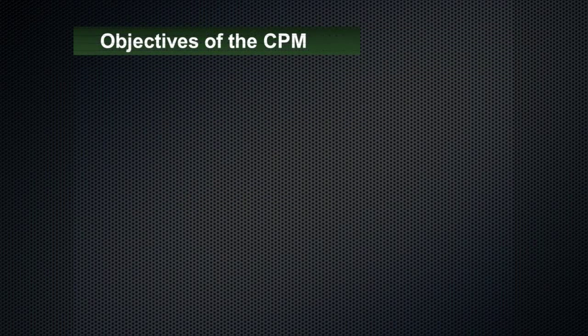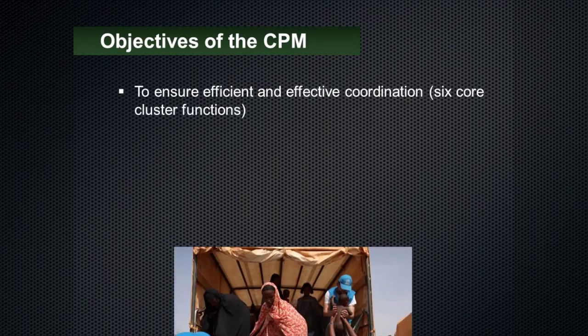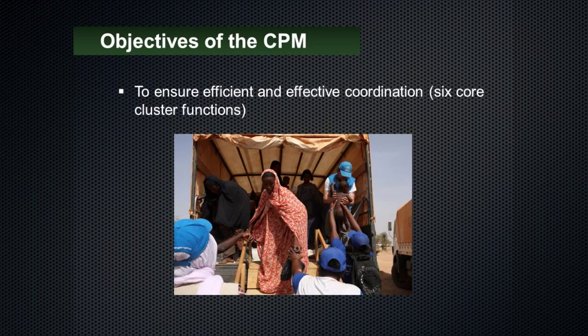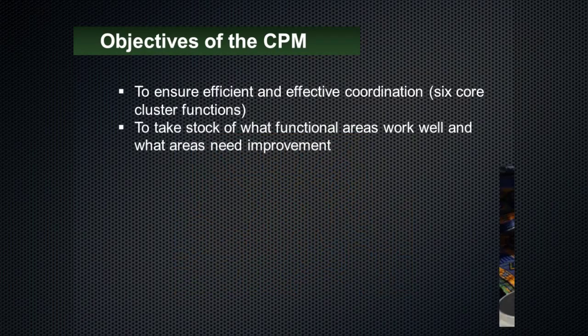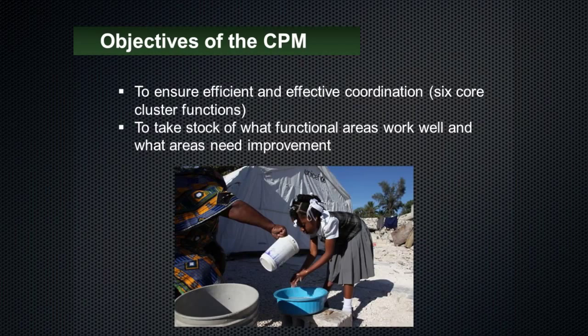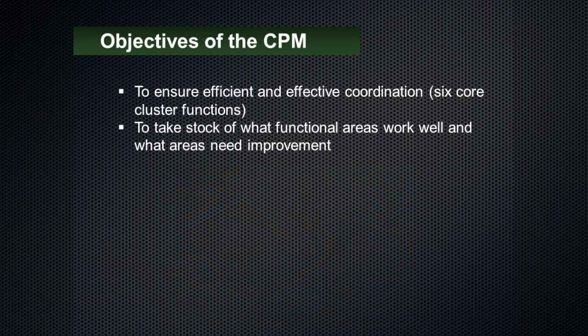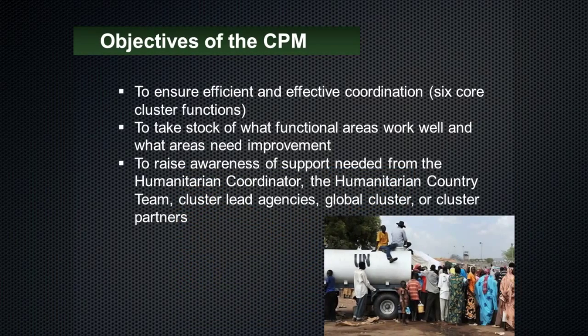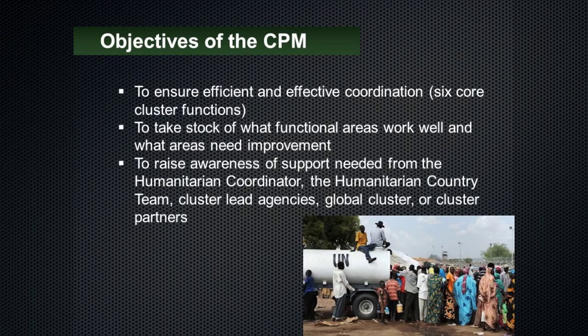The objectives of such a process are to ensure efficient and effective coordination of the 6 core cluster functions, to take stock of what functional areas work well and what areas need improvement, and to raise awareness of support needed from the humanitarian coordinator, the humanitarian country team, cluster lead agencies, global clusters, or cluster partners.